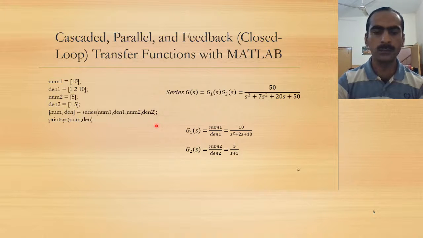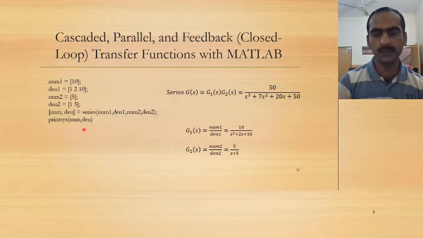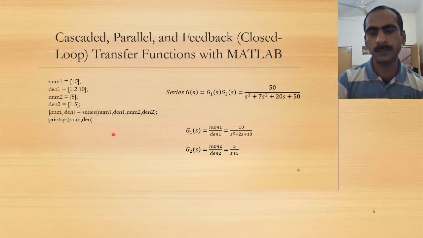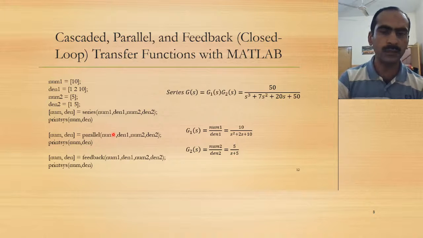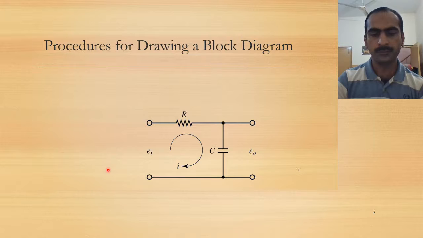If I want to display in MATLAB in polynomial form, the command is printsys, num, den, and it will display like a fractional polynomial. Similarly, if I have two blocks G1 and G2 connected in parallel, it will give the parallel transfer function, and feedback will give the overall transfer function.